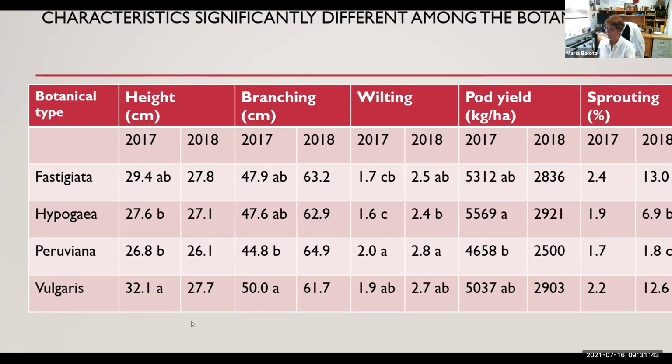This table presents only the physiological and agronomic traits where the botanical types were significantly different from each other. For plant height, for example, vulgaris and fastigiata were the tallest and had the most branching.